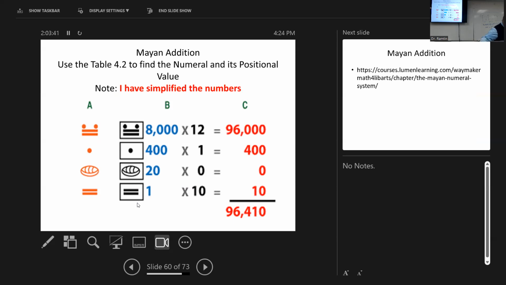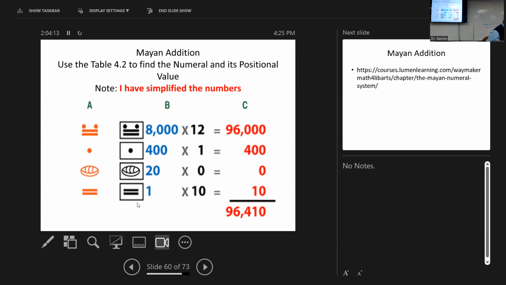If you have this number on the A column, I look at table 4.2 and I start from the bottom one. Okay, 1 bar, if you look at table 4.2, 1 bar is equal to what? 5.